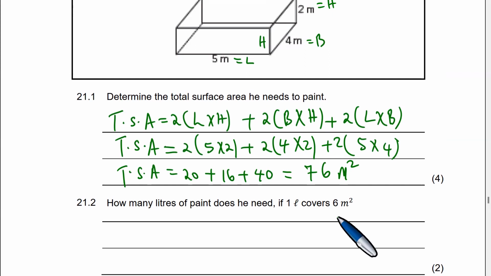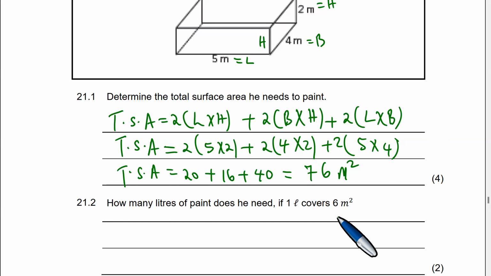Right now you have these, but how will it be painted? This is the total surface area, so what exactly are we painting here? How much area is there to be painted? There's 76 square meters of area, and 1 liter covers 6 square meters.